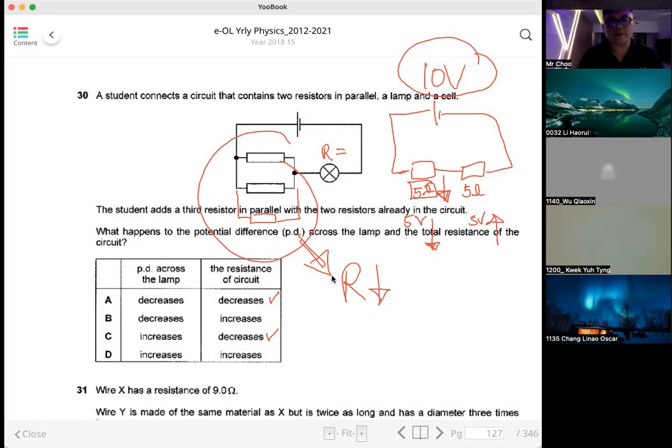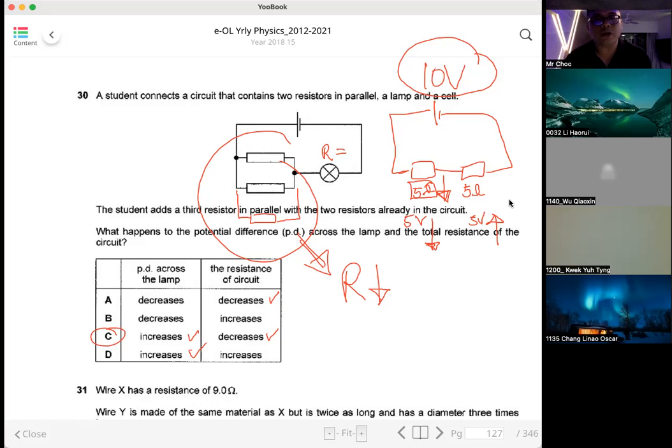Is that clear? When this resistance goes down, your potential difference will also go down, right? But because the total potential difference is still 10, for your lamp, your PD will go up. Therefore, your PD across the lamp will increase. So the answer is C.